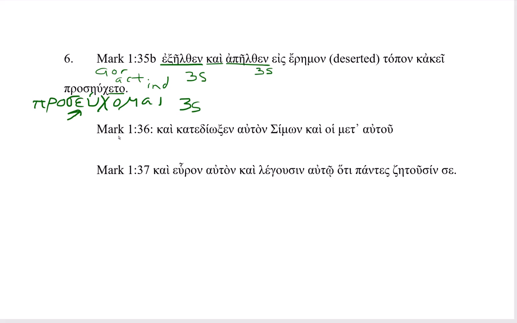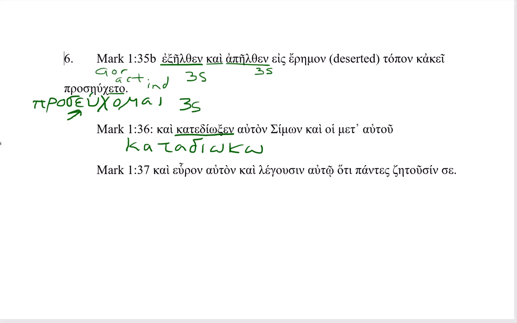Now we come to Mark 1:36. Let's go ahead and read that. Kai katediōxen auton Simōn kai hoi met' autou. So this verb here, katediōxen, this comes from katadiōkō, which we probably haven't had yet. Diōkō means to persecute or pursue.